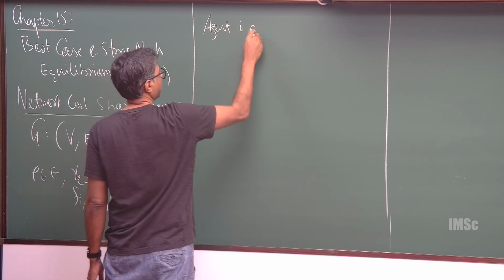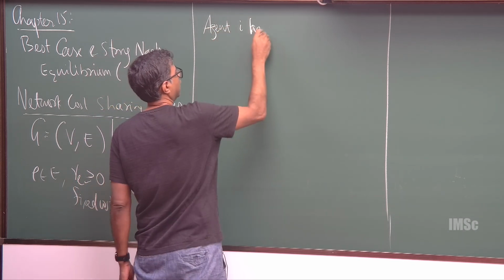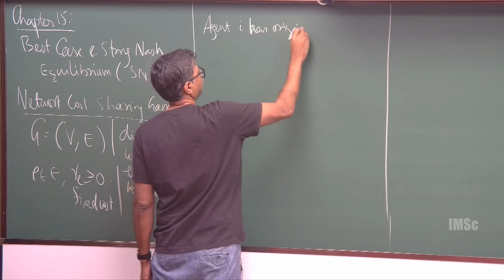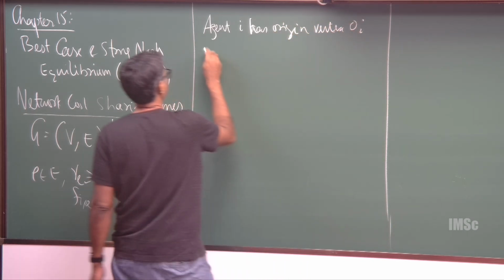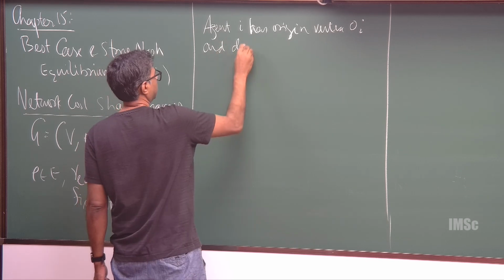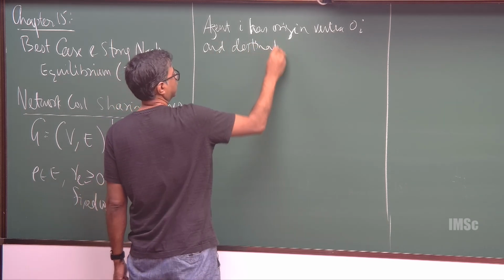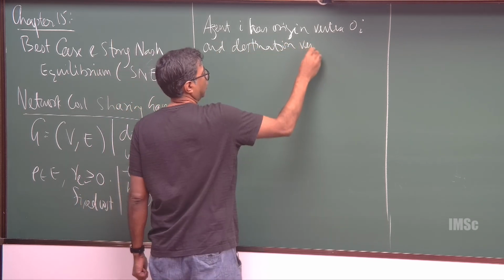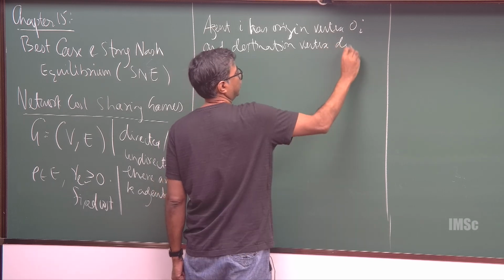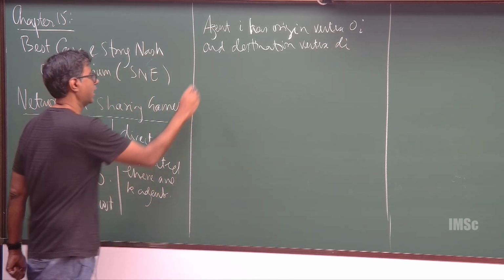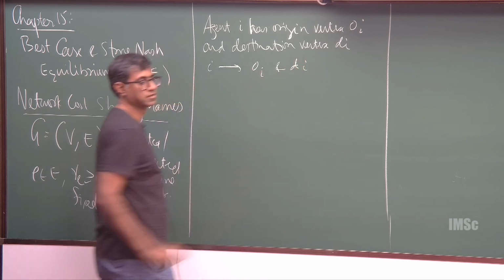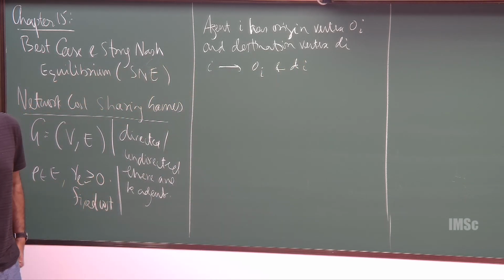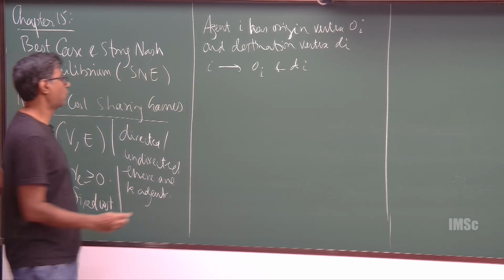Agent i has an origin vertex o_i and a destination vertex d_i. And what is her strategy?